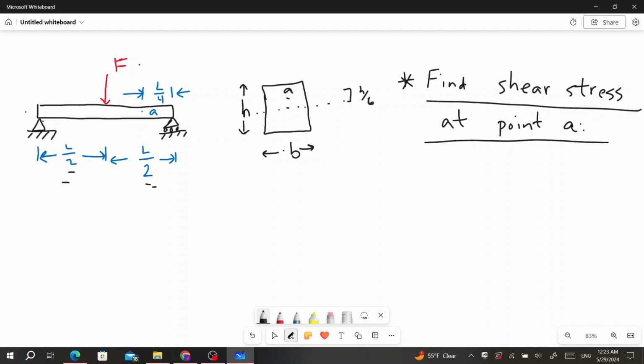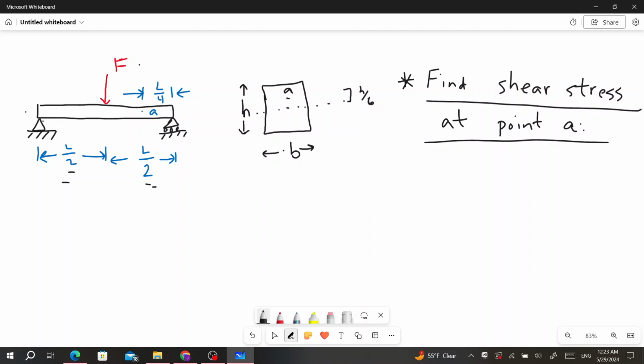The cross-sectional dimensions: this beam has a width of b and a height of h, and what we're interested in is this point A. We want to know what is the shear stress at point A in this beam.